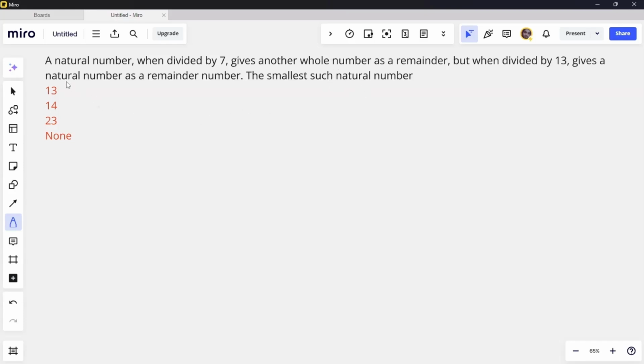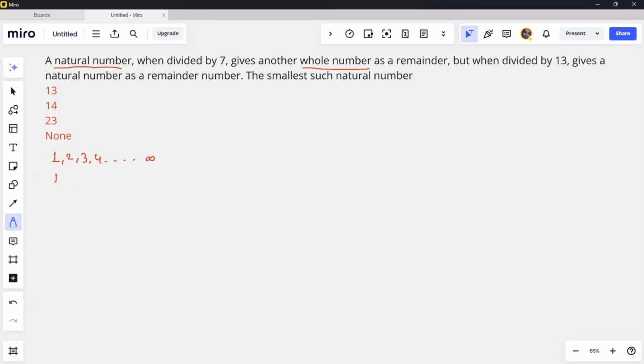So let me tell you first, because this question is using the terminology natural number and whole number, let me tell you what these are. Natural numbers always start from 1, like 1, 2, 3, 4, and it goes up to infinity. But whole numbers, when we add 0 to the natural numbers, that particular number series is called whole numbers.